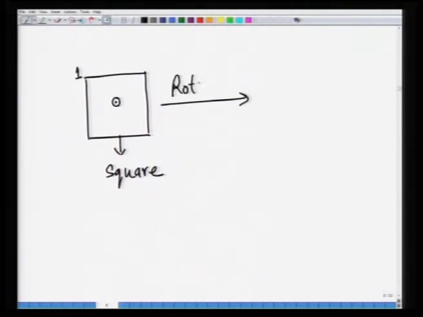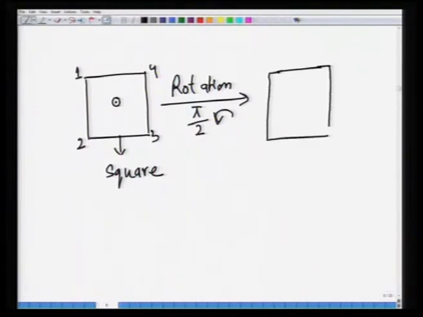So, let us say I do a rotation operation here. When I do a rotation operation here, if this is 1, 2, 3, 4, and I do pi by 2, let us say anti-clockwise, then I take 1 here and 3 here, but since it is a square, it looks the same.